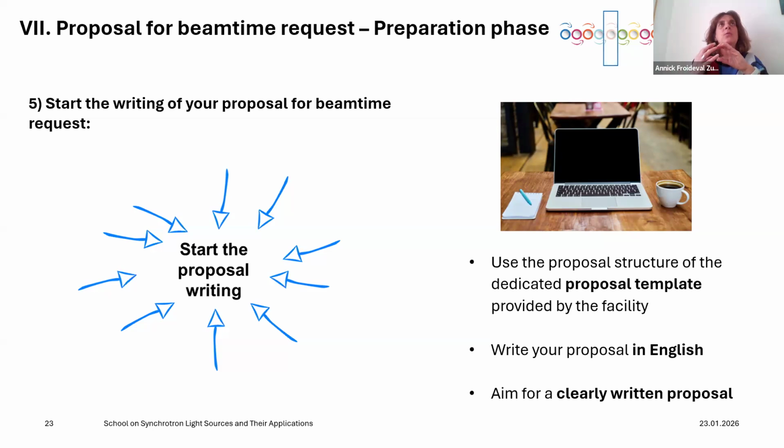So that means that your message, what you are going to write in your proposal, should be as simple as possible, as detailed as possible, but very understandable by non-experts in your field. And I think this is very important. Otherwise, you may not be granted, because the reviewers will not understand what you want to do. So it's very important to make it understandable for everybody.